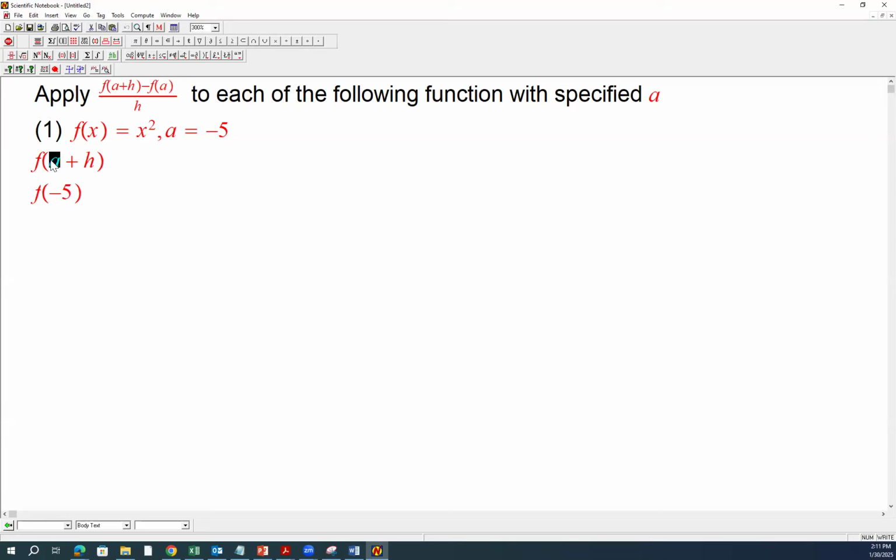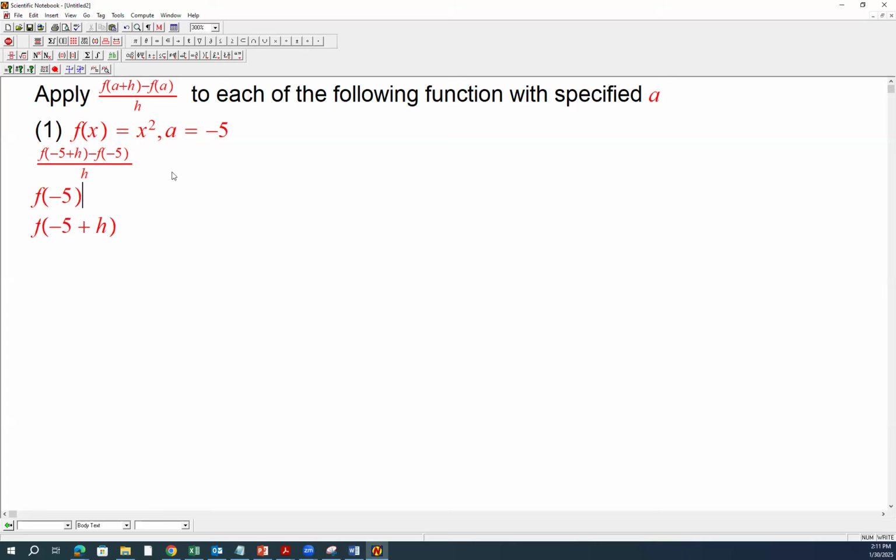So this will be -5. And so in our current situation, when we apply the formula to this particular example, a would be -5. Okay? And then how do we get f of -5 and f of -5 plus h?